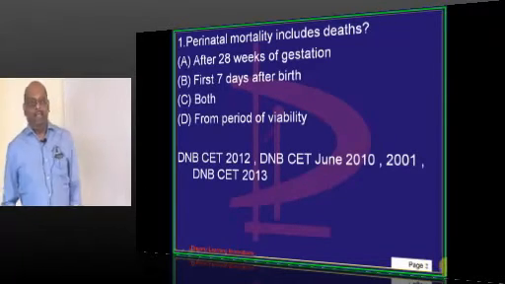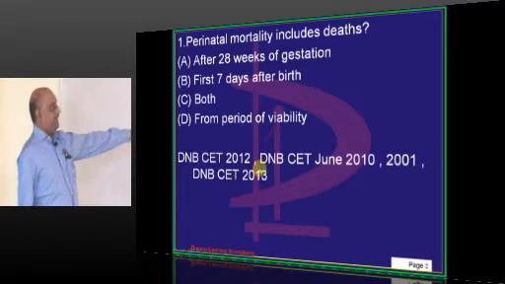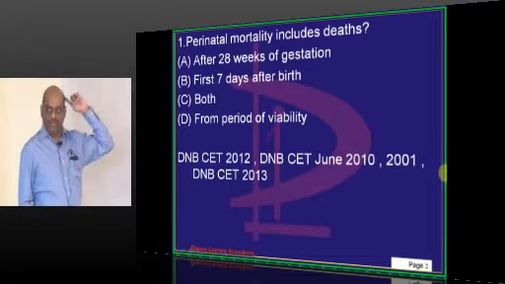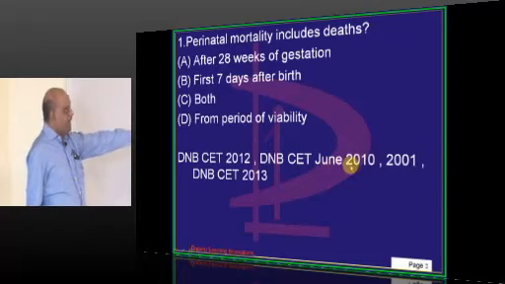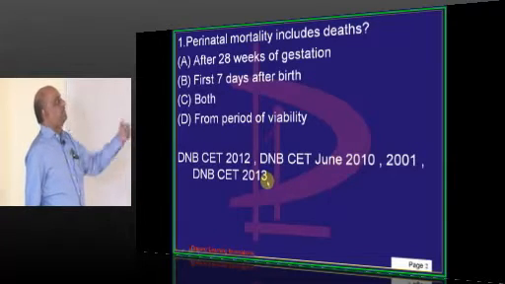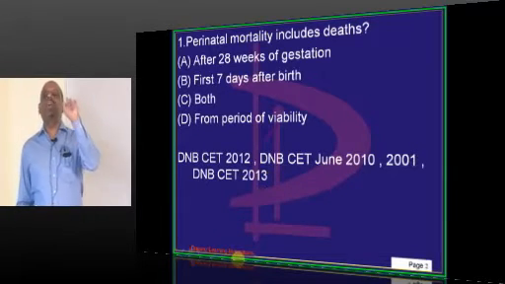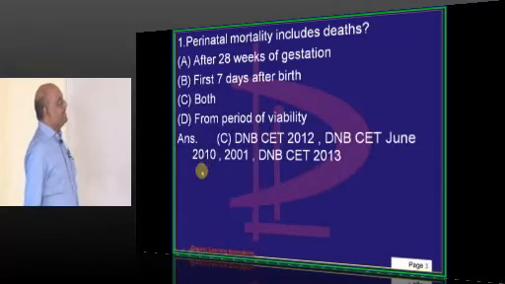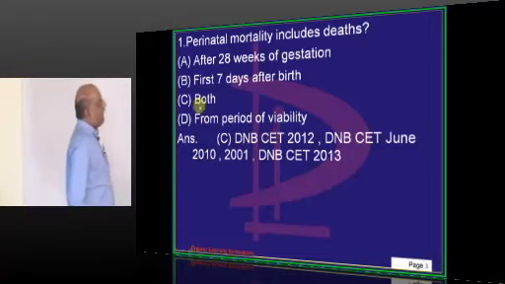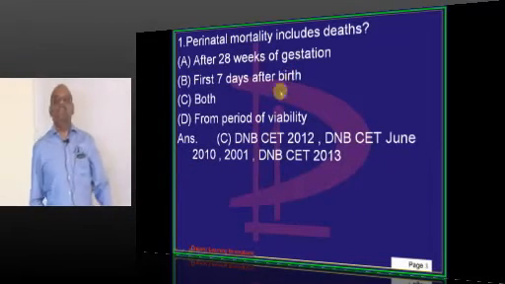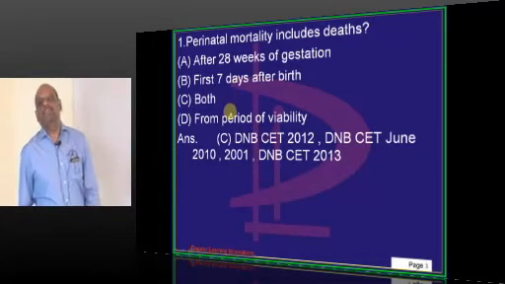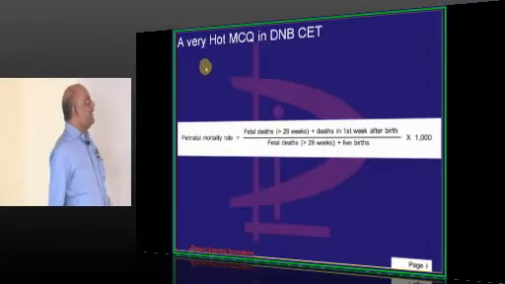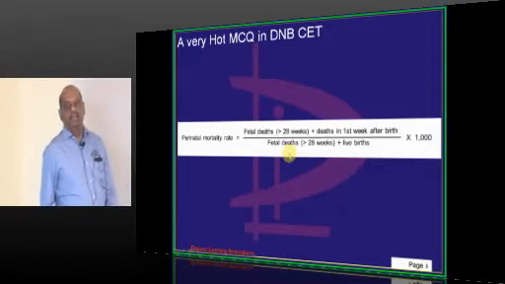Perinatal mortality, DNB CET 2001 onwards, for 15 years, 2010, 12, 13, every time it is the hottest question in the DNB CET. So it is after 28 weeks of gestation up to first 7 days after the birth that is typically called the perinatal period.